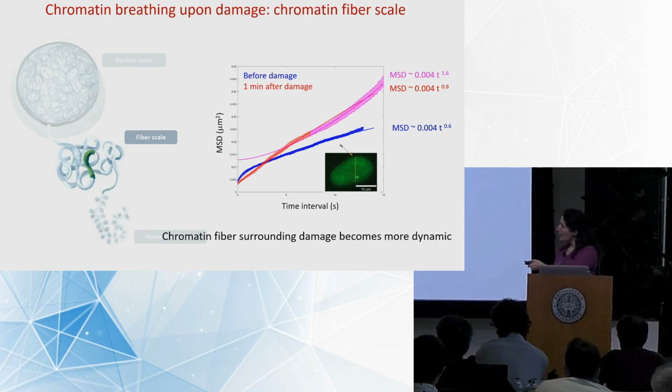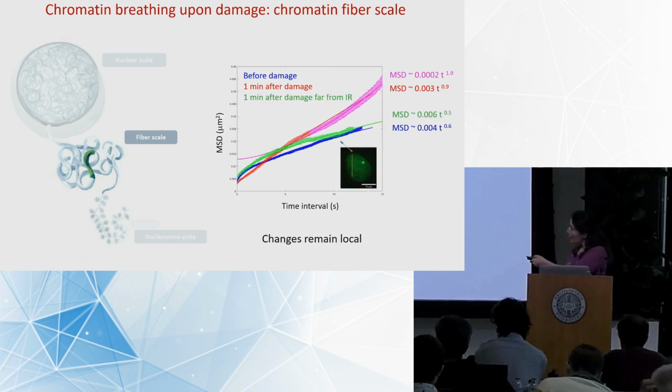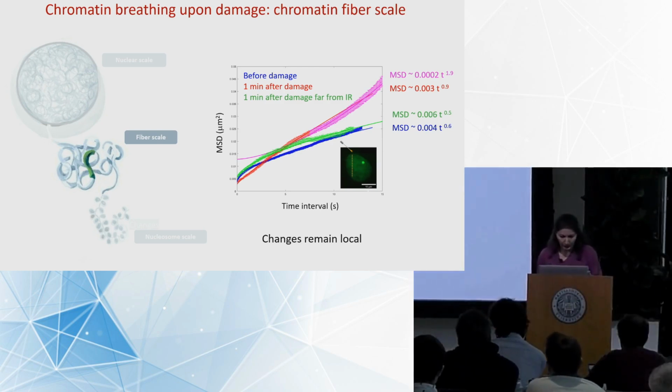But if we irradiate close to this tagged chromatin locus, the behavior is dramatically different. In fact, we see that the MSD follows almost Brownian motion, and at larger time scales, it's even superdiffusive. Then if we irradiate far from this tagged locus, it's quite different. There is a slight difference, but nothing compared to the damaged area.